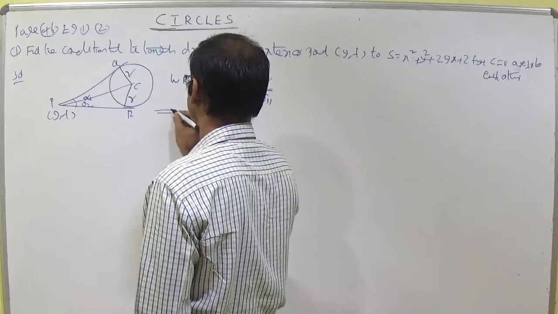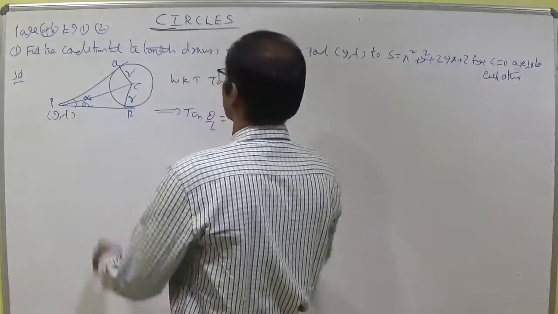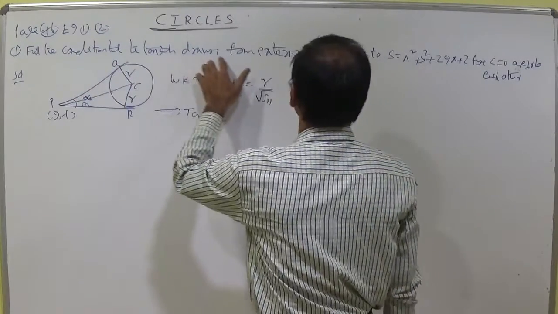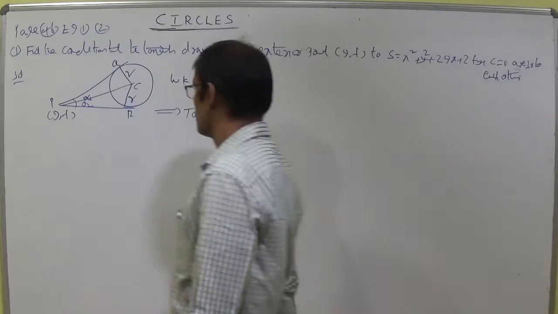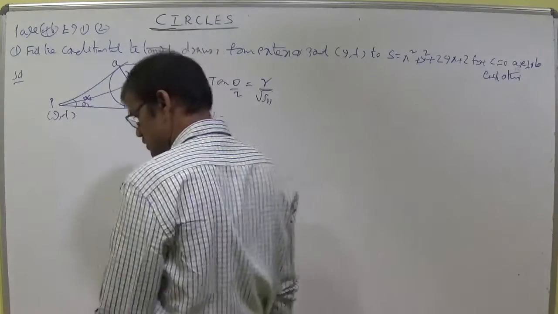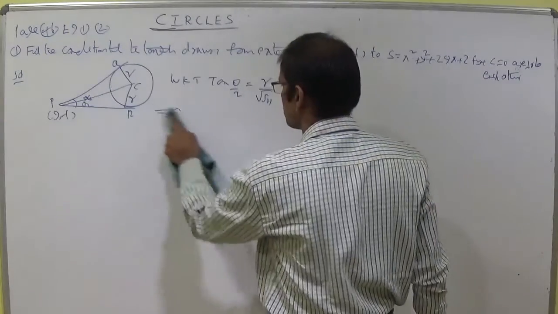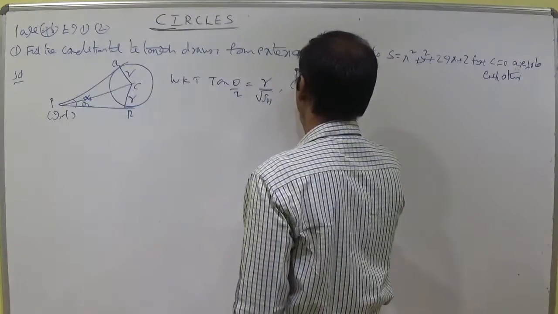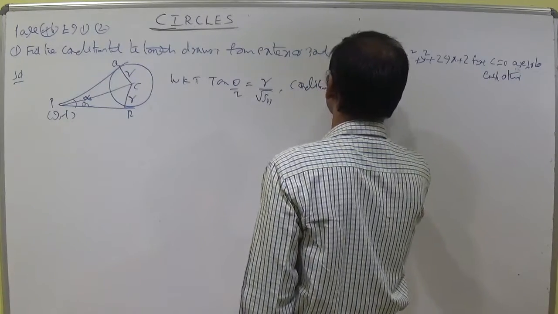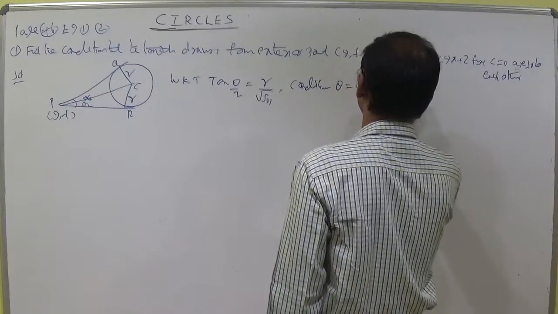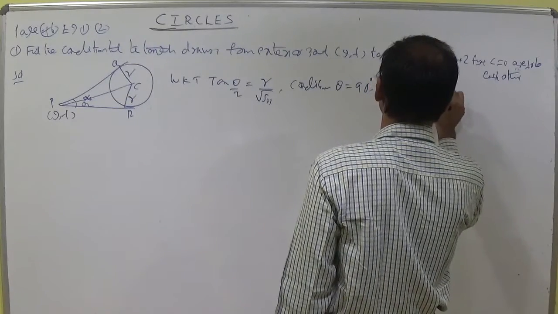That implies tan(theta/2)... Find the condition that the tangents drawn from the exterior point (g, f) are perpendicular, he is asking. Okay. Whenever perpendicular he is asking, then you put theta equal to 90 degrees, given as the condition. Theta equal to 90 degrees, then theta by 2 becomes 45.